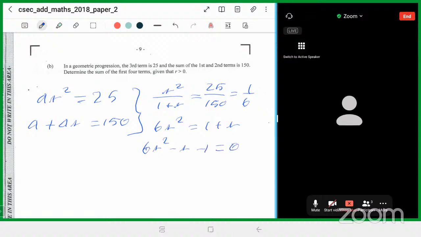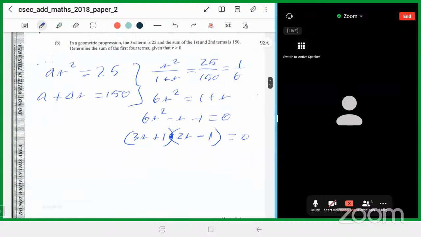We'll factorize this to find R. 3R and 2R, and the factors of 1 are 1 and 1. The greater product is this one, so make it minus, and make this plus. This factor gives R equals negative a third, and this factor gives R equals half.